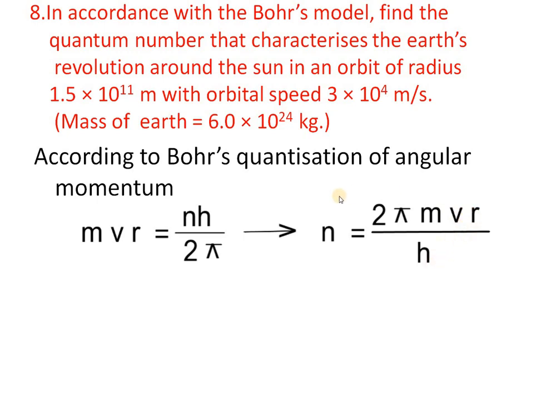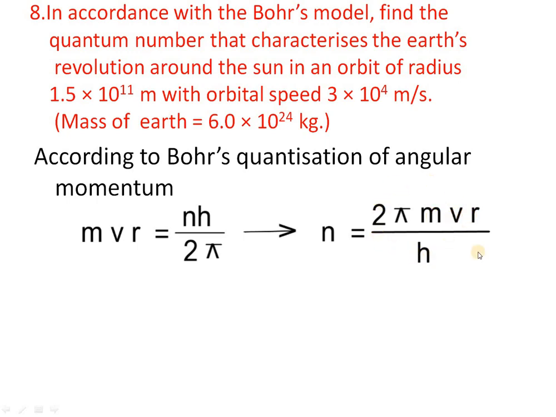We have to calculate n for the Earth's revolution. Now 2 pi is constant, m is nothing but the mass of the revolving object, that is the mass of the Earth, v is the velocity with which it is revolving, r is the radius of the orbit, h is Planck's constant. m is given, v is given, r is given, h is constant.